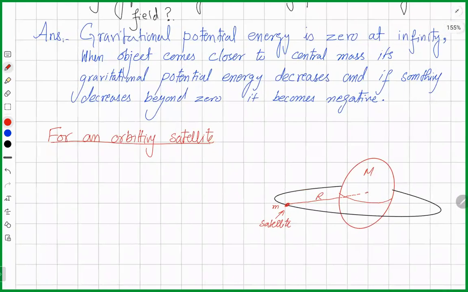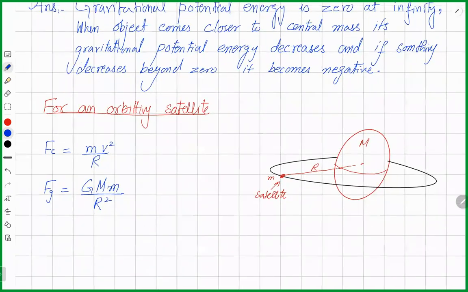So here are the things. Centripetal force should be m v square over r. Gravitational force should be G M m over r square.